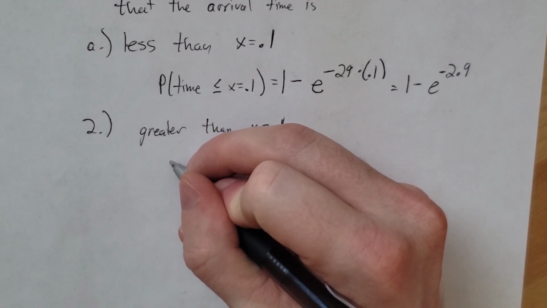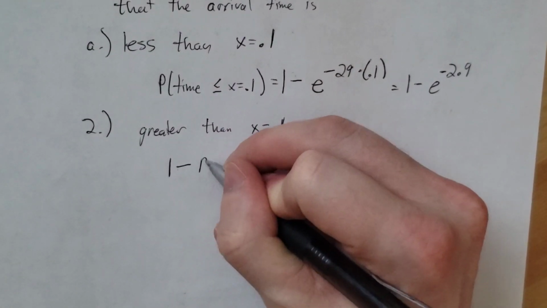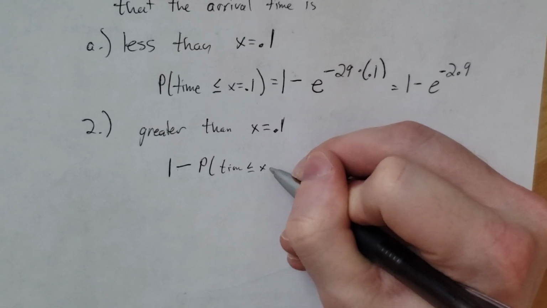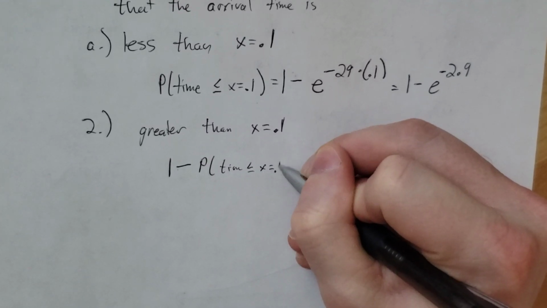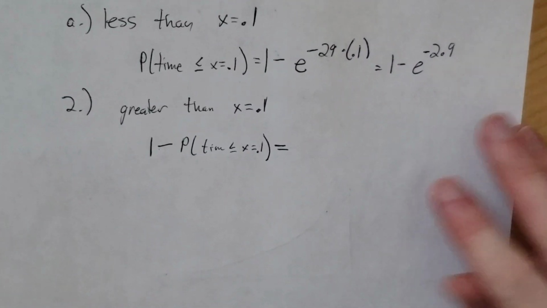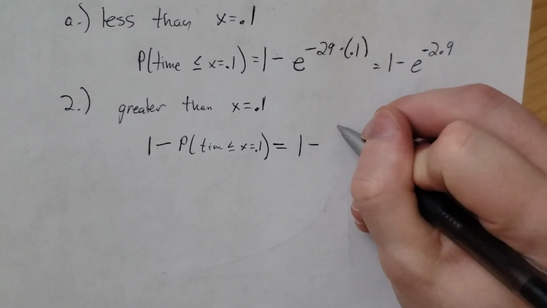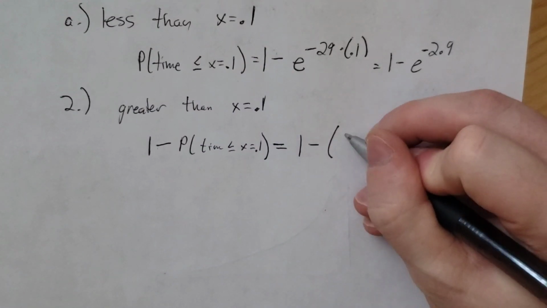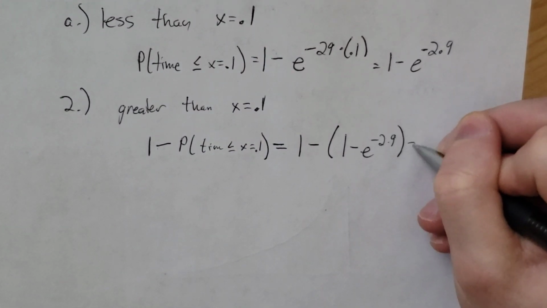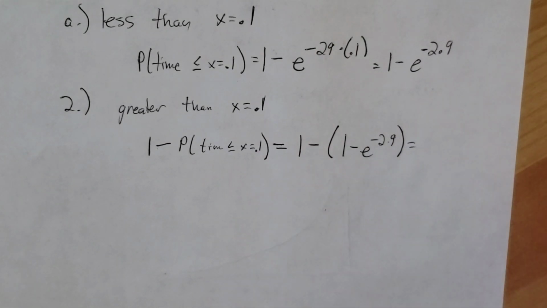So the answer here is 1 minus the probability that time was equal or less than 0.1, which is 1 minus the previous probability, which was 1 minus e to the negative 2.9. 1 minus 1 goes to 0.